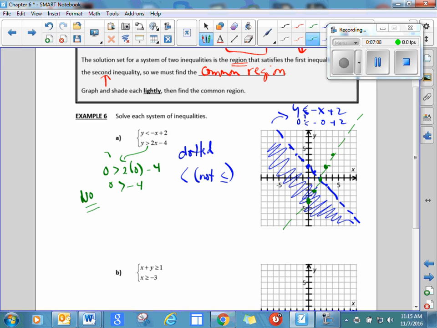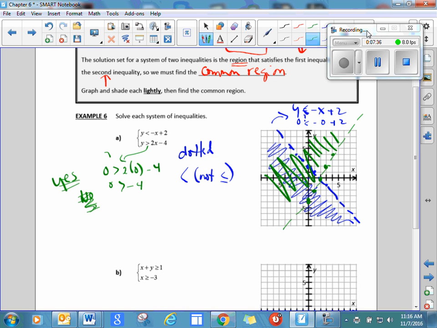No. 0, 0 is not a point in our solution. So wait, is this not working out right for me? Oh yeah, 0, I'm sorry. I pre-worked this and I'm not getting what I had. So yeah, of course, 0 is greater than -4. So we're going to shade the side where it's greater, where 0, 0 is a point.